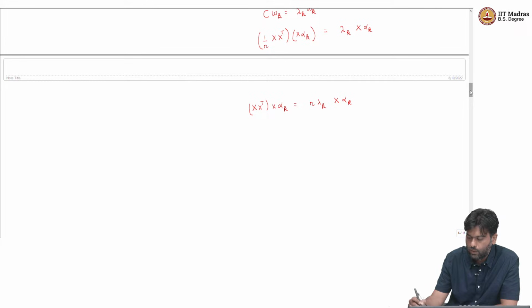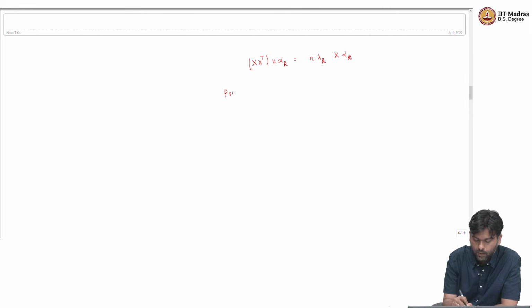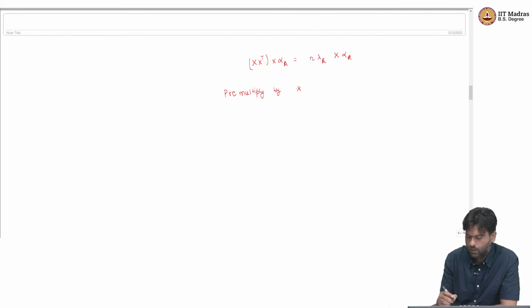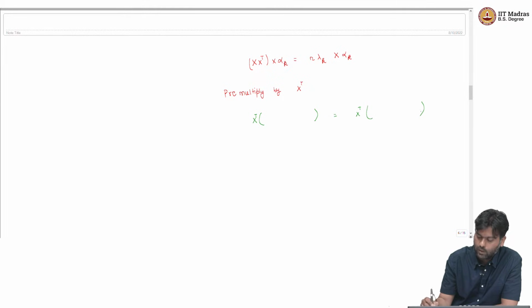Now, what I would do at this step is pre-multiply this equation by x transpose. In other words, I will do x transpose times whatever was there equals x transpose times whatever was there, and what is there was x x transpose x alpha k, and we will see why this is useful in a minute, x alpha k.